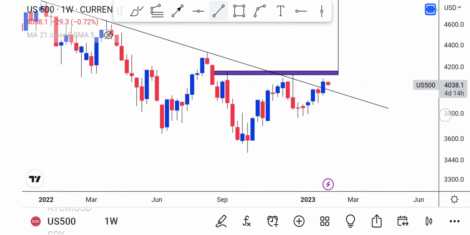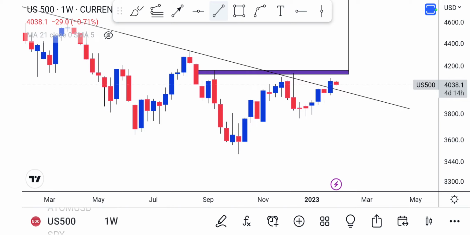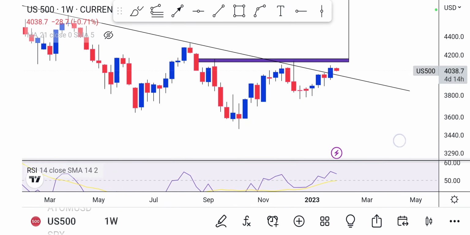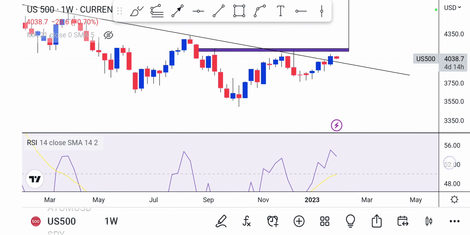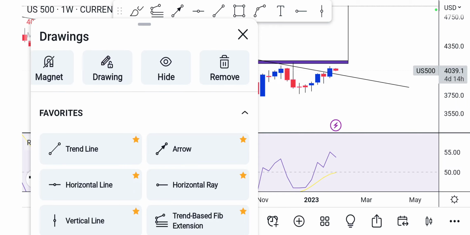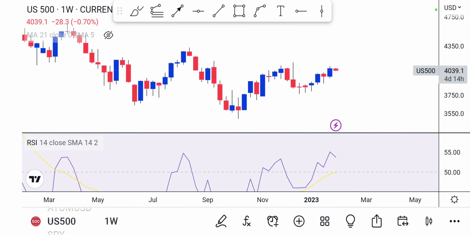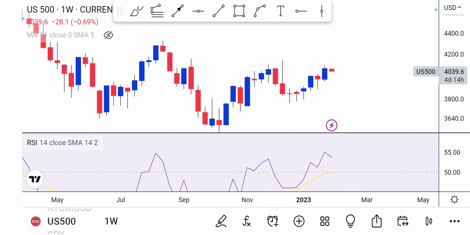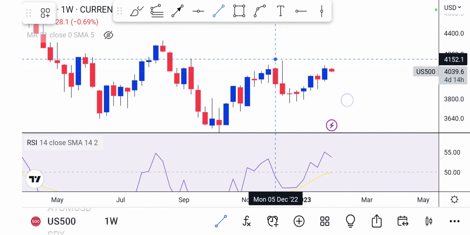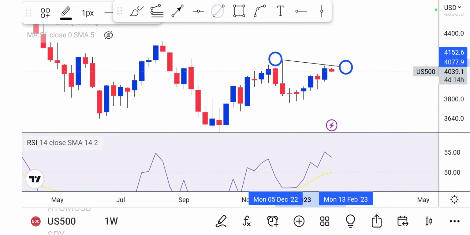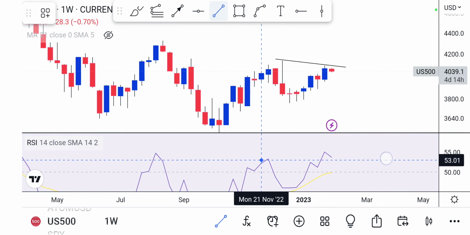So what are we looking at here? What is playing out here? As you can see, we're getting this bearish divergence here. Let me remove this whole drawing. So look at this very well. We're getting this bearish divergence on the weekly time frame here. So we have this sloping down this way, and we'll have this going up this way.